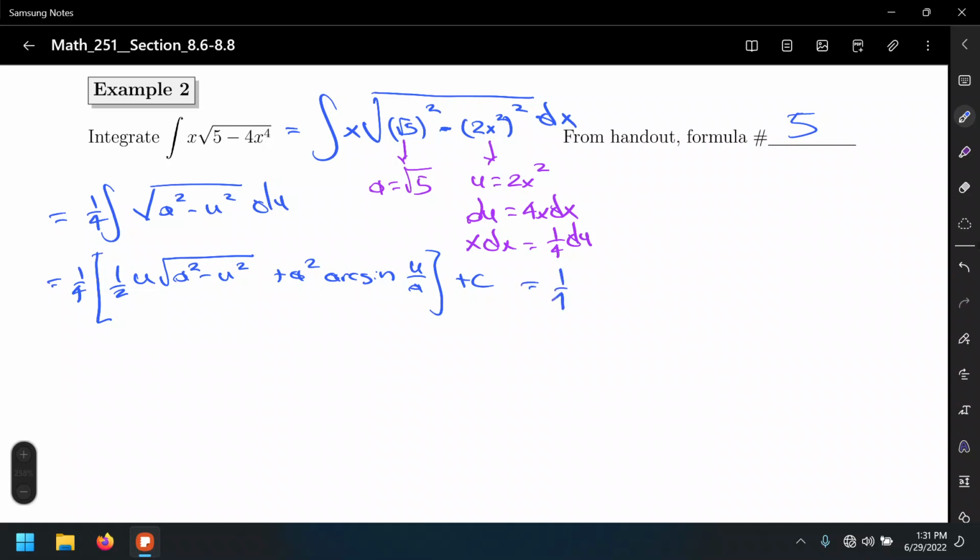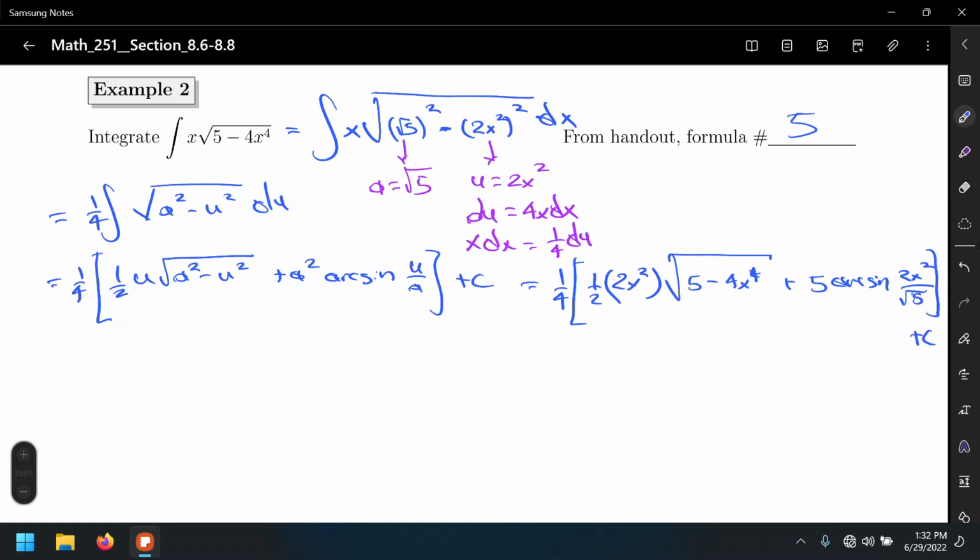So this will be 1/4 bracket, that's 1/2 u, which is 2x squared, square root of a squared minus u squared, which is the original radical, and plus a squared, but a squared is simply 5, arc sine of 2x squared over root of 5. Alright, and plus c.